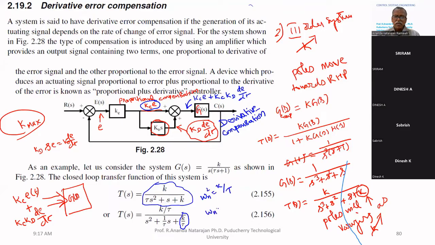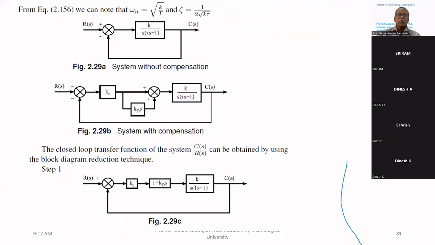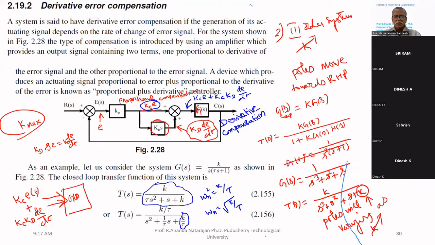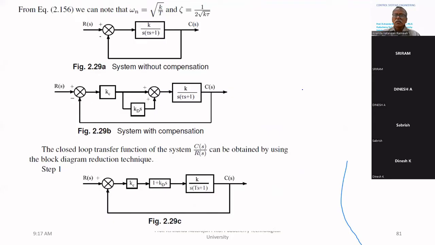Therefore, omega n equal to square root of K by tau. That is the original system, G of s equal to K upon s times tau s plus 1.